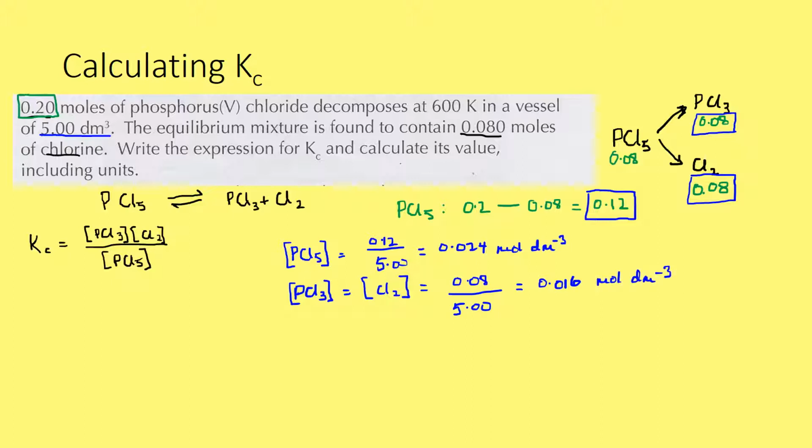So now we have the three concentrations, and we can feed those numbers into the expression. So we would have 0.016 times 0.016, all divided by 0.024, and that comes out at 0.011. But let's not forget the units.